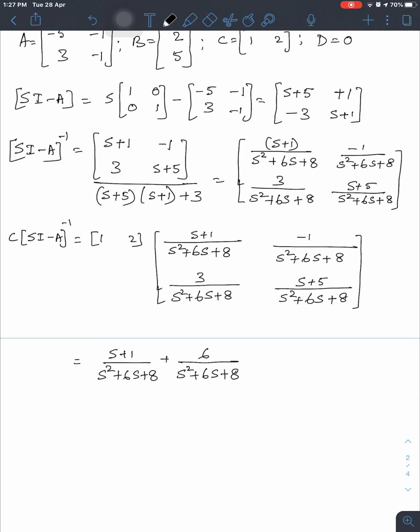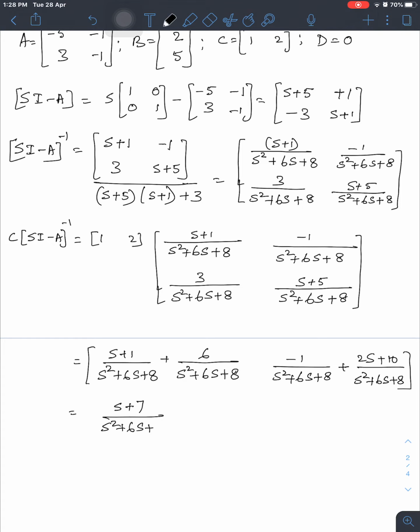First row and second column would be minus 1 divided by s square plus 6s plus 8 plus 2 into s plus 5, that will be 2s plus 10 divided by s square plus 6s plus 8. This is going to be a 1 by 2 matrix. Okay, so we will take the common denominator, and this comes out to be s plus 7 divided by s square plus 6s plus 8.